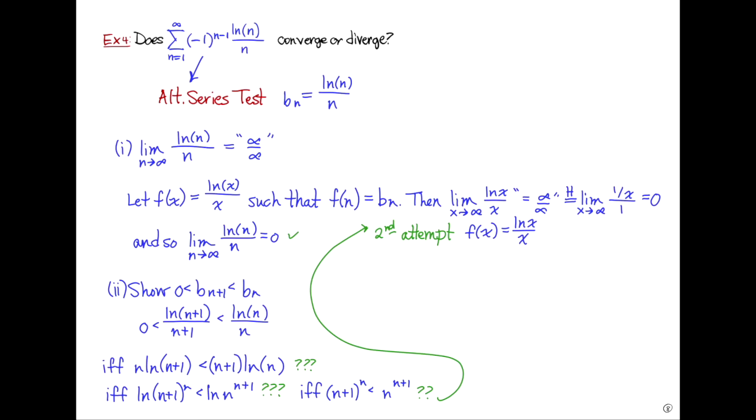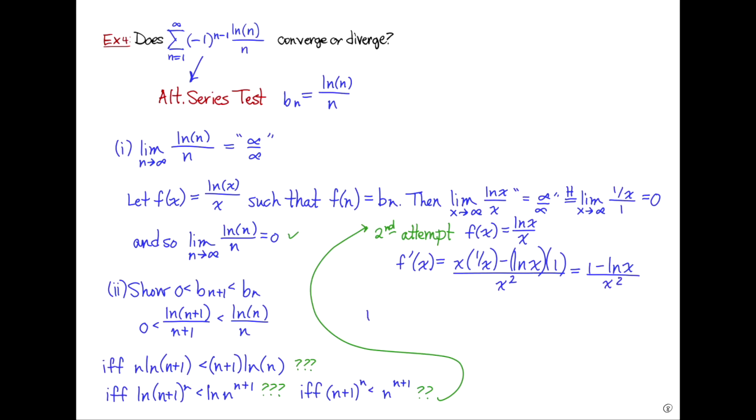So the derivative of f of x, using our quotient rule, we have low d high minus high d low all over the square of low we go. And that simplifies to (1 minus the natural log of x) over x squared.